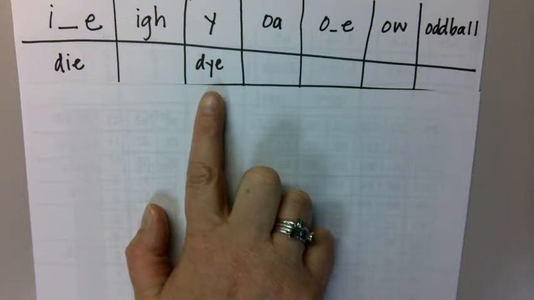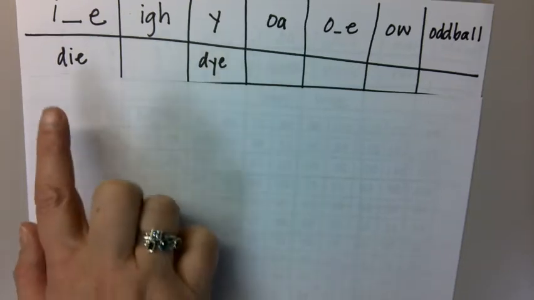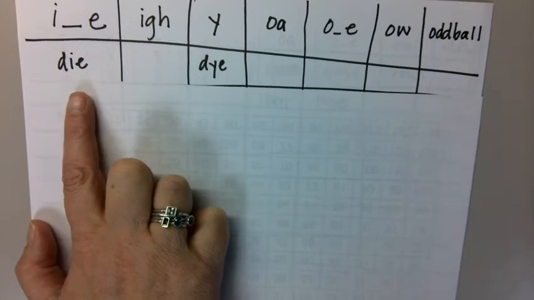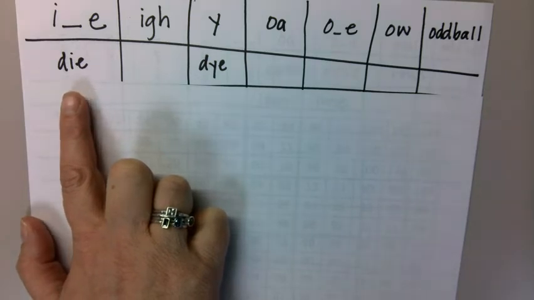This dye, D-Y-E, means to color something, as in I'm going to dye a shirt. This die right here can mean a couple of different things. One is death, and the other is maybe a dice, so it's a singular word for dice, die.